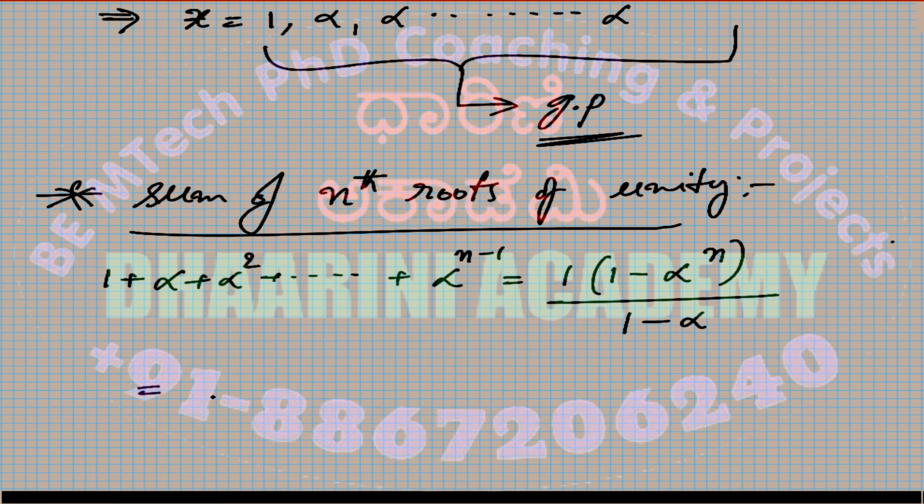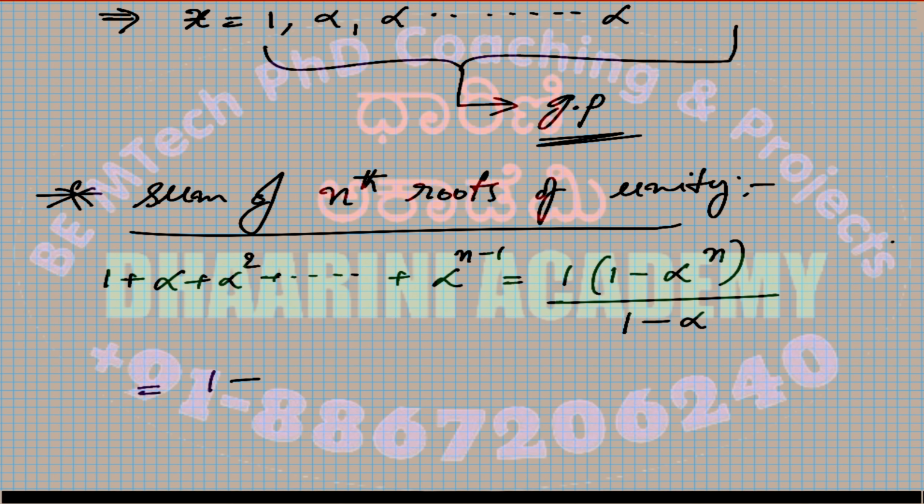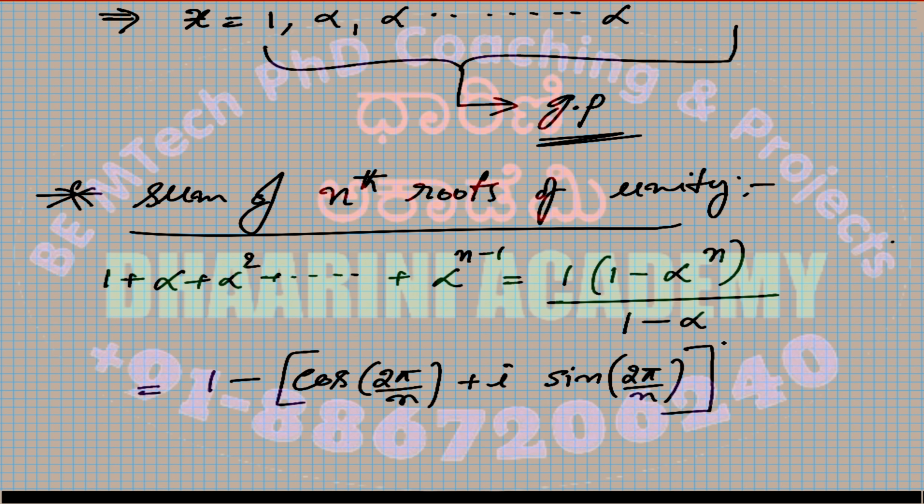This is equal to 1 minus alpha to the n. Alpha is cos of 2 pi by n plus i times sine of 2 pi by n, whole raised to the n.